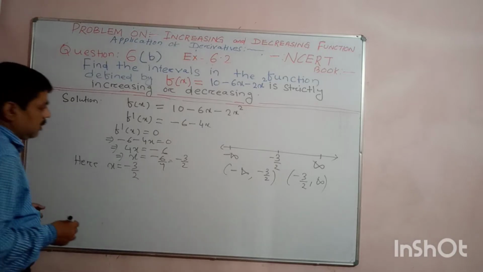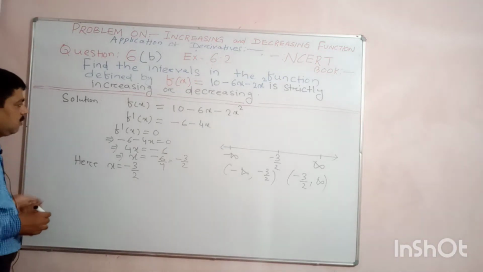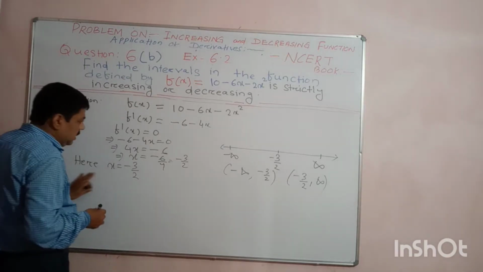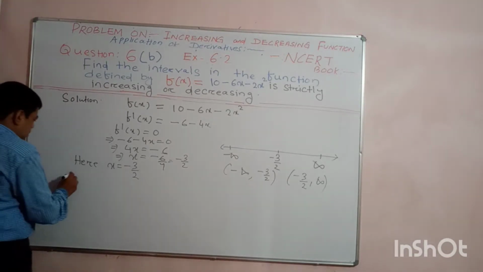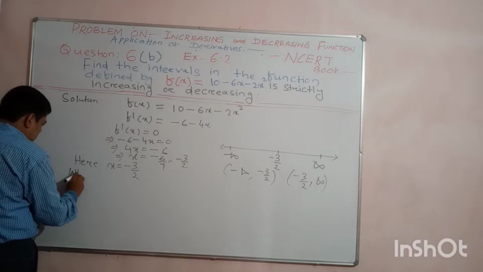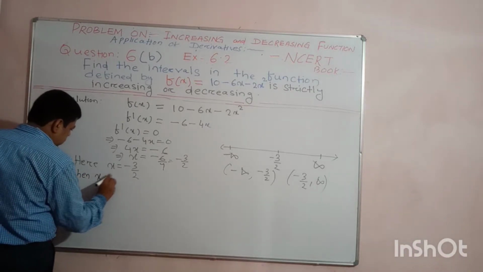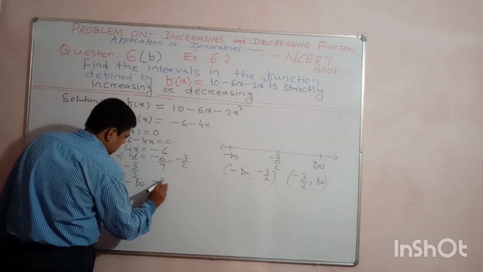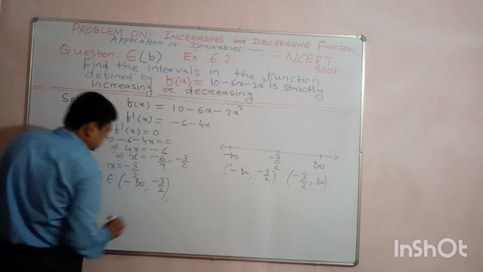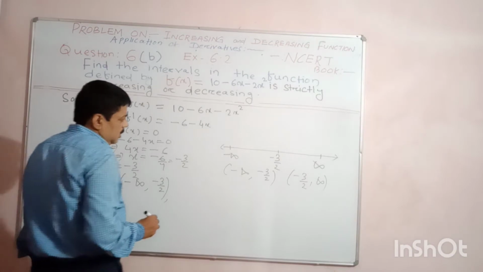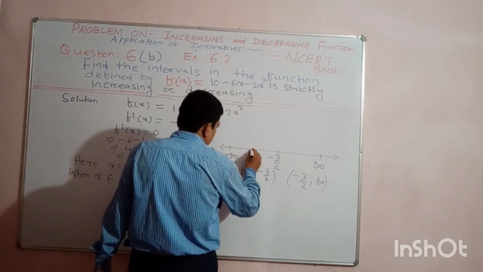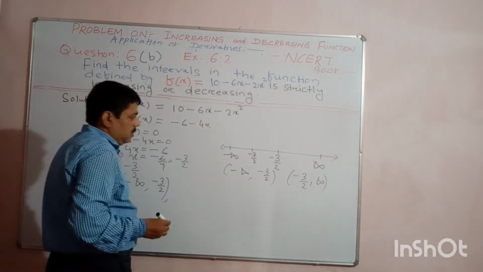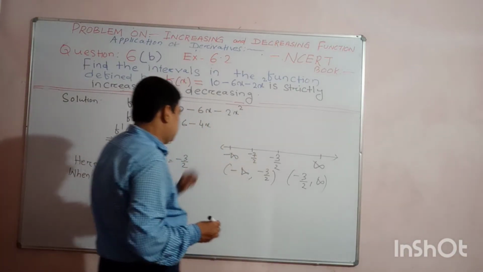And in these intervals, we have to find in which interval the function is strictly increasing or in which interval the function is strictly decreasing. Understand or not? So when x belongs to minus infinity to minus 3 upon 2, suppose I take a number, say minus 7 upon 2, which lies between minus 3 by 2 and minus infinity.